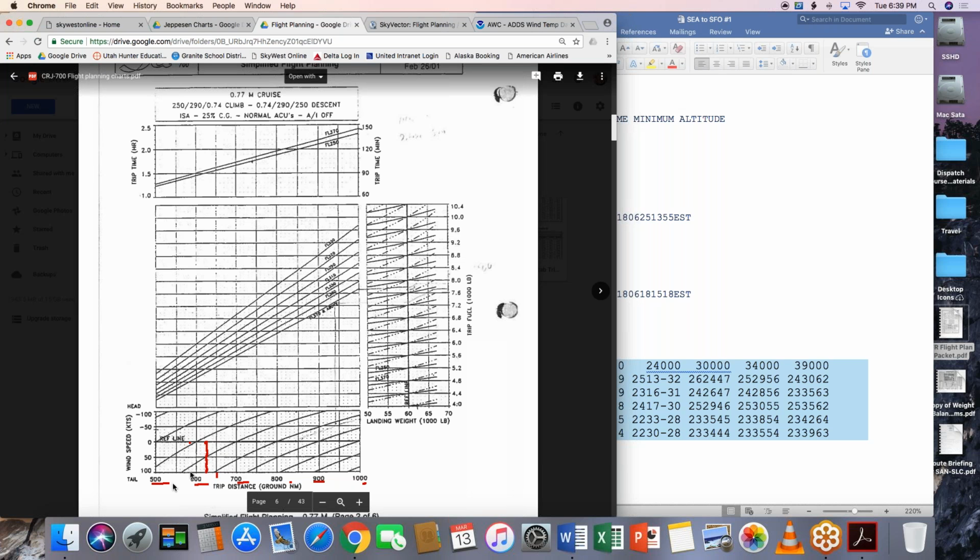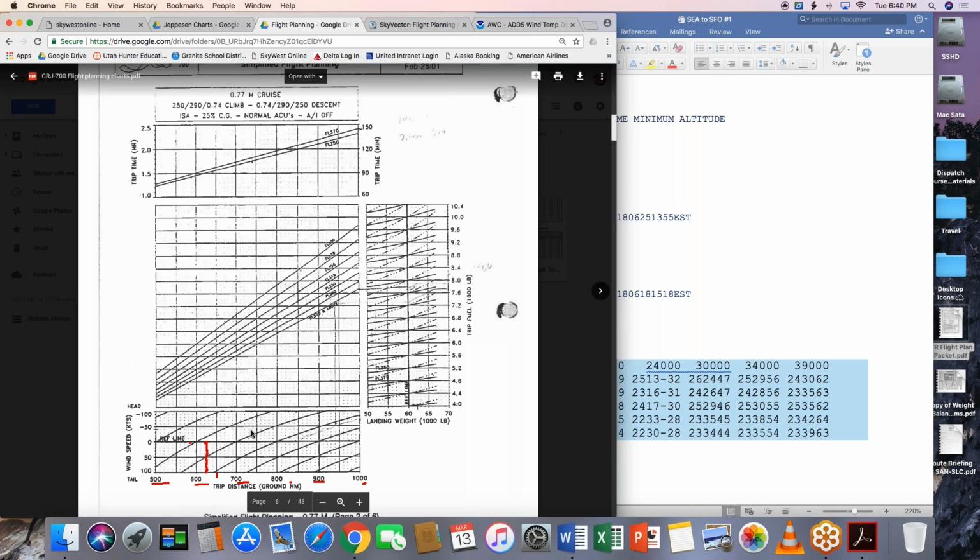Now you can see these little wind lines, right? These wind lines are just reference lines here. So what we're going to do is find out, if our average heading is 164 degrees, what are the winds doing to us?